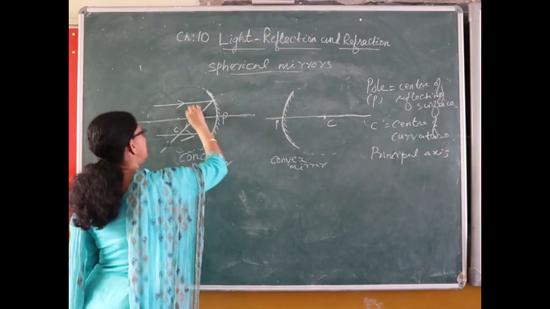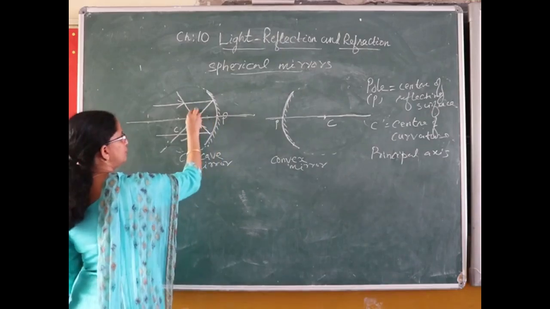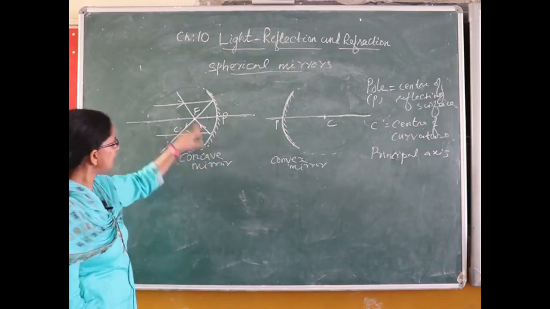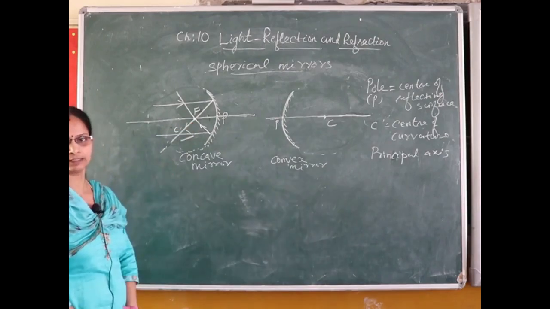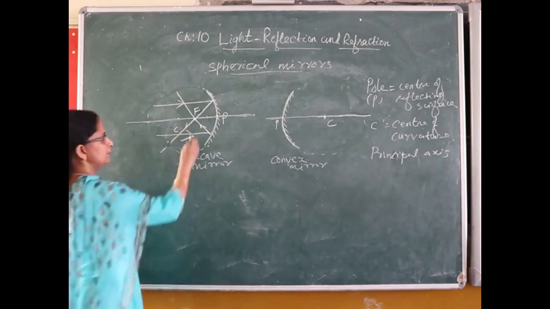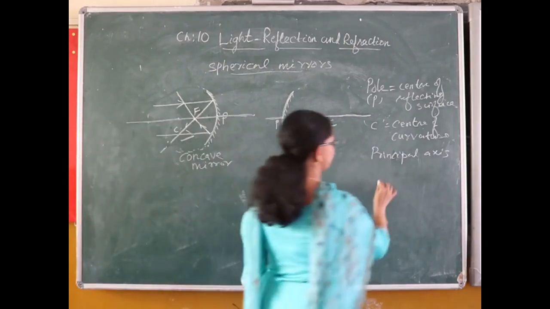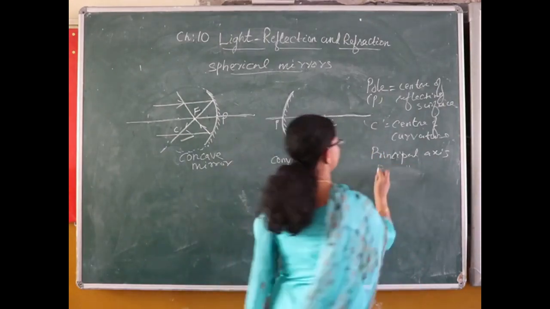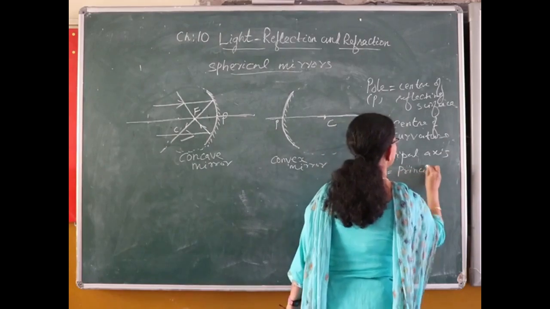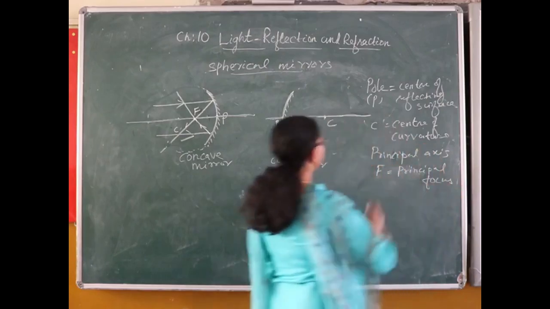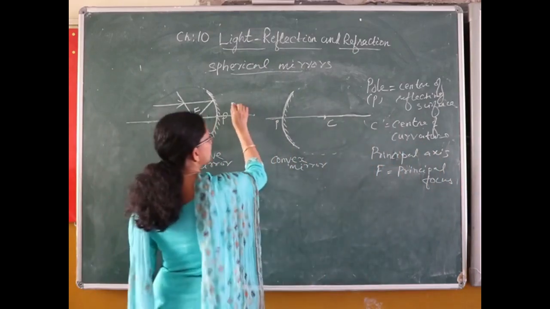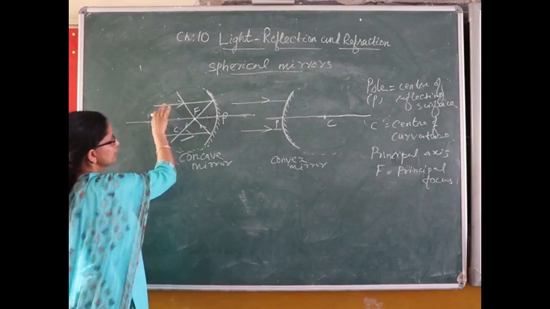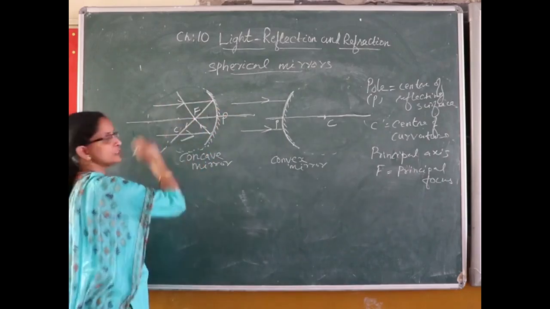That common point is known as the principal focus, F. When a parallel beam strikes the mirror, after reflection the rays pass through a common point on the principal axis, and that point is known as the principal focus, F. Now in the case of a convex mirror, if a parallel beam strikes this mirror, in a concave mirror the rays converge and meet at a common point.